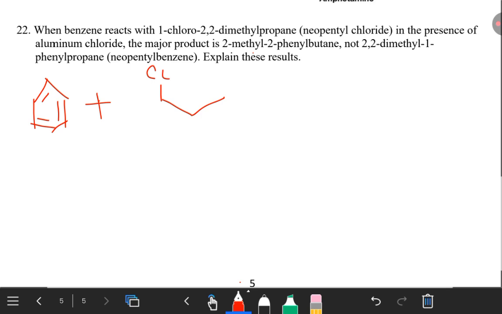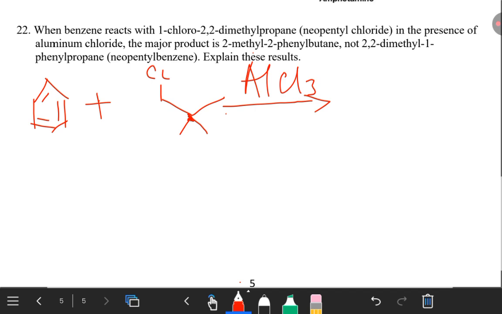Then at position 2 we have 2-methyl, so here we have 2-methyl. This is how the reaction was, and it was reacting in the presence of aluminum chloride.